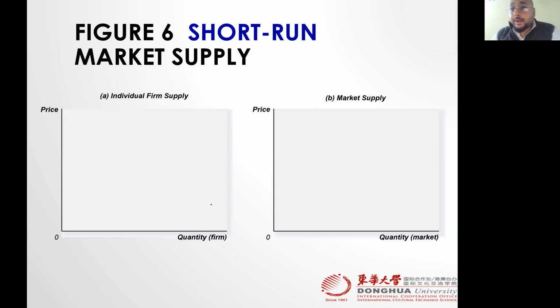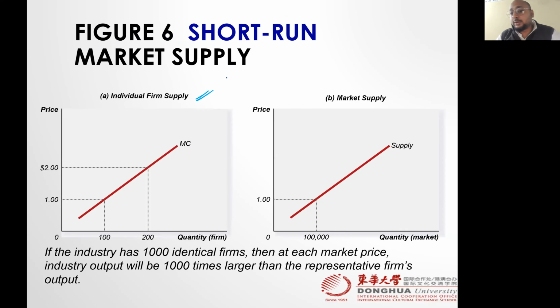So the individual firm supply curve, MC, is upward sloping, while for the market supply curve, you see, when the price is 1, this firm wants to supply 100.